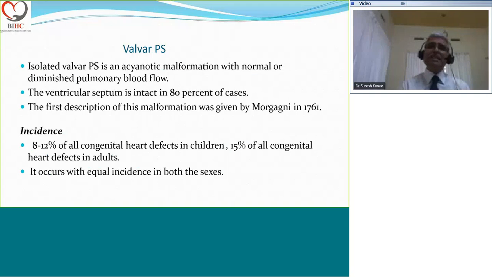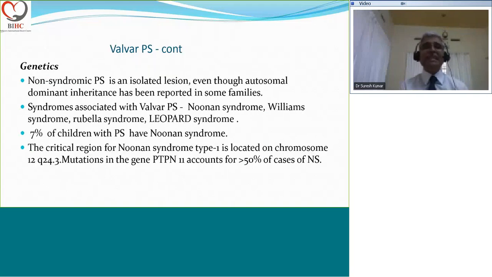If we look at the genetics of it, non-syndromic pulmonary stenosis does not have any great genetic association, even though there may be some autosomal dominant-like inheritance in a few families. However, there are multiple specific syndromic associations for pulmonary stenosis, which include Noonan, Williams, rubella, LEOPARD. All these are syndromic associations when they exist.